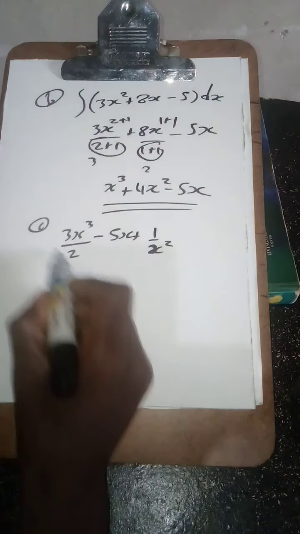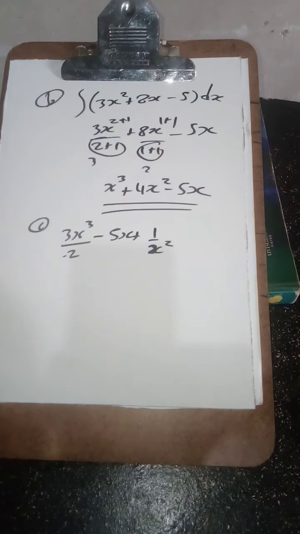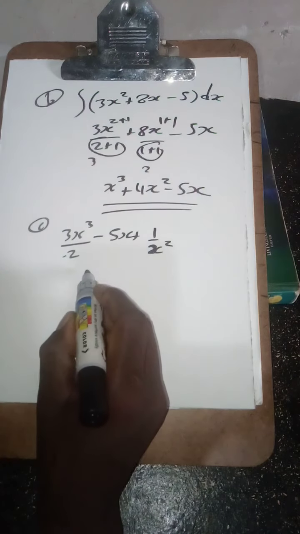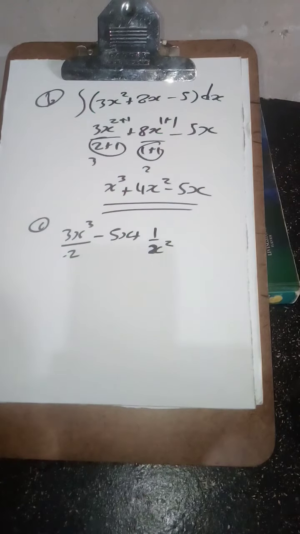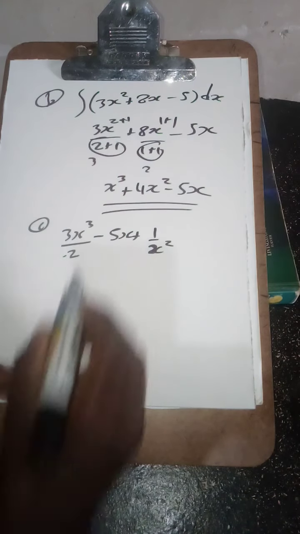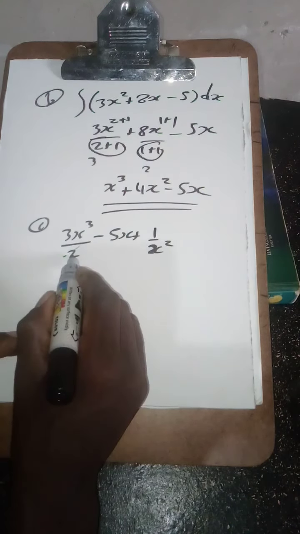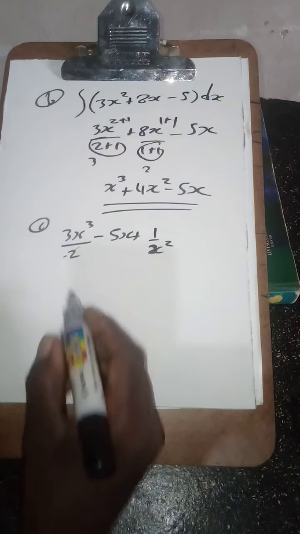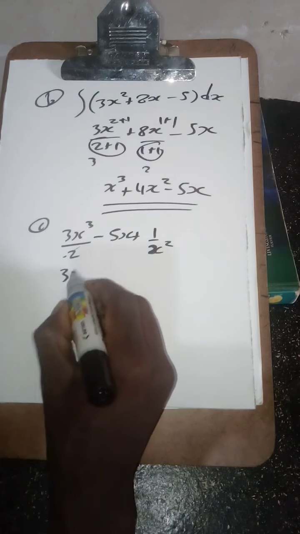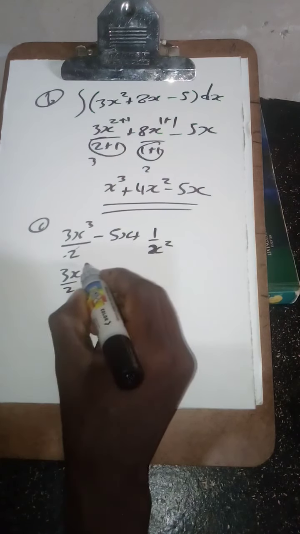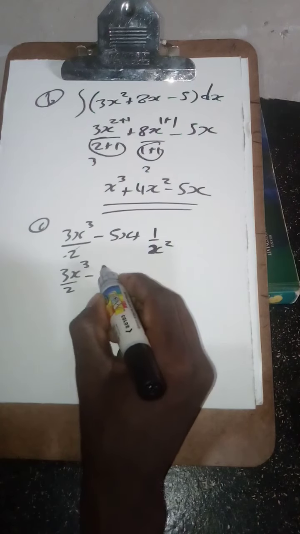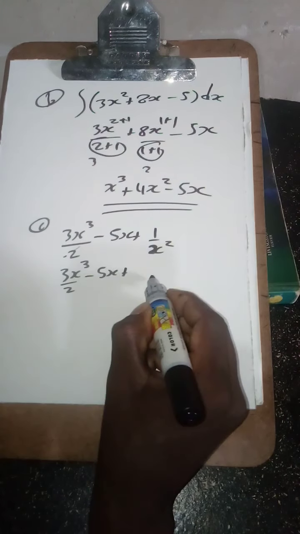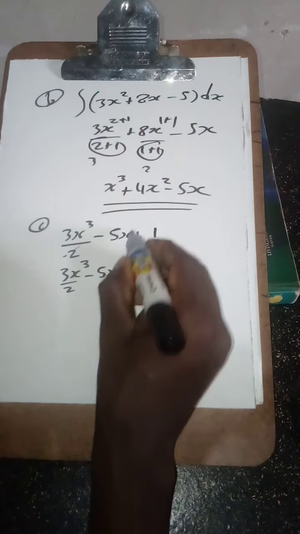Here we have a fraction and here we have a fraction as well. For this one, I will need to put it the other way around, but for the 2 I'll just leave it at that because what I have here is a number, not an unknown figure like x. So we're going to have 3x to the power 3 over 2, minus 5x, plus, sorry, this was a plus, x to the power negative 2.